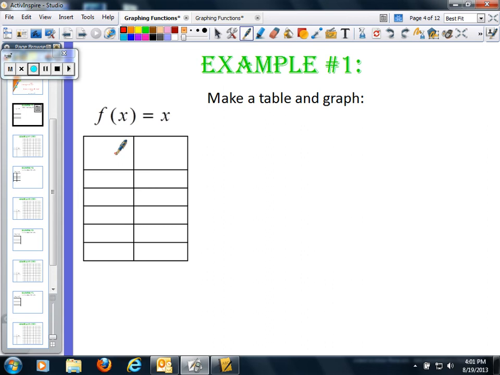Okay, so I'm going to write x in here. And for the second column, if you remember from the notes from this weekend, the second column is our y variable, or we could also call it our output or our range.